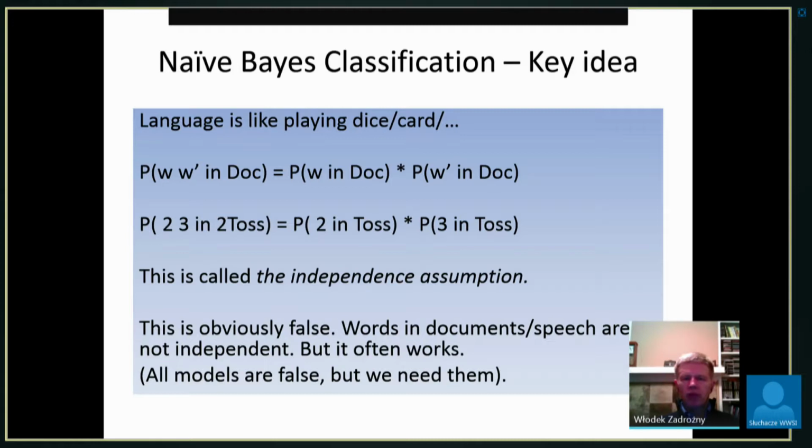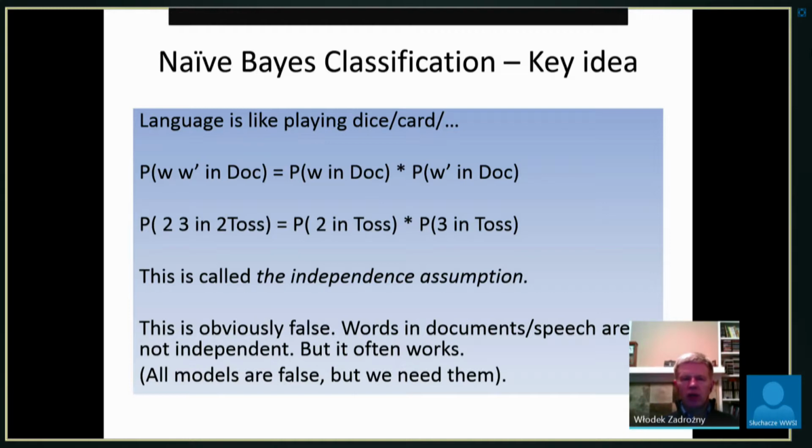So the probability of getting two words in a document will be simply equal to the product of the individual probabilities, with the analogy that getting 2 and getting 3 in tossing 2 dice is equal to the probability of getting 2 in one toss and getting 3 in another toss. So this is called the independence assumption.